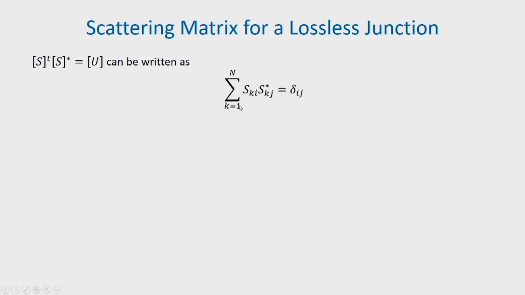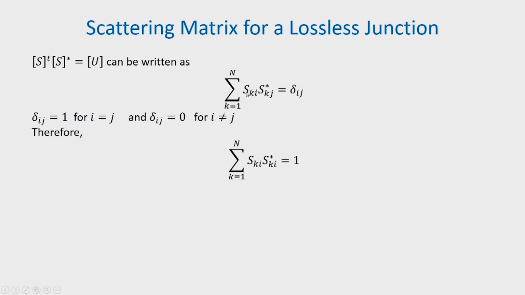So, S transpose S conjugate equal to U can be written as summation k equal to 1 to n, S k i S k j conjugate, is equal to delta i j. Now, this delta i j is equal to 1 for i equal to j and delta i j is equal to 0 for i not equal to j, and therefore, whenever i equals j, we can write summation k equal to 1 to n, S k i S k i conjugate, is equal to 1. So, this is the condition we derived earlier.